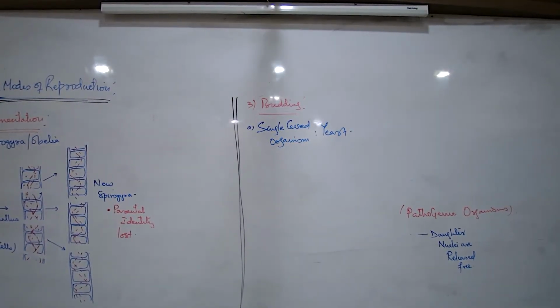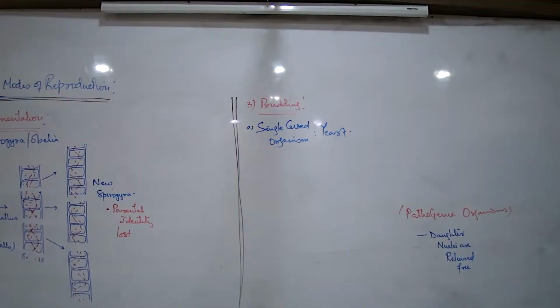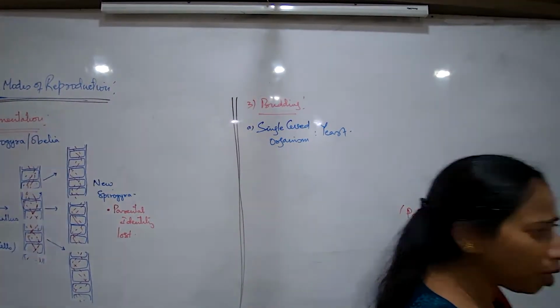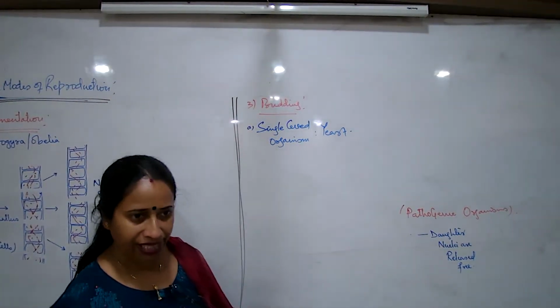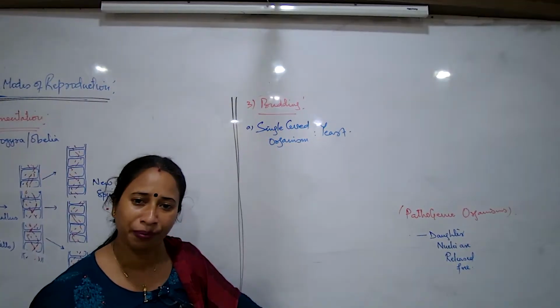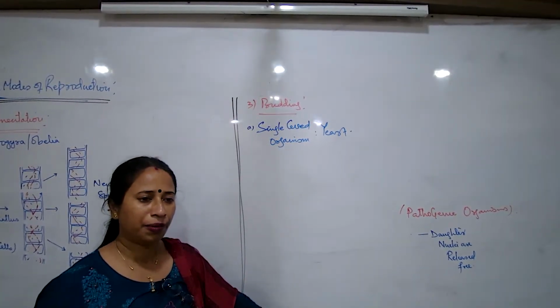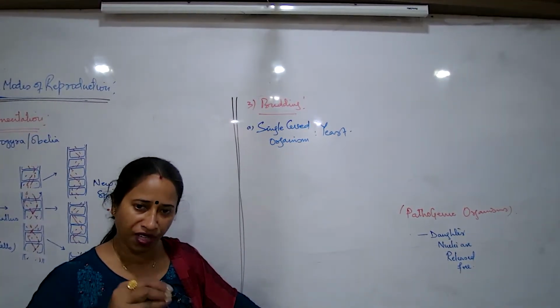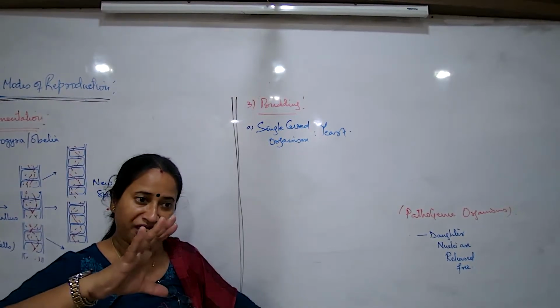Now, this is a common concept that we always understand, the process of budding in yeast. What is yeast? Did you ever come across yeast? It's a fungus which is used in bread and bakery items, no? The bread, the pastry and the buns, always yeast is added so that it becomes fluffy and spongy.